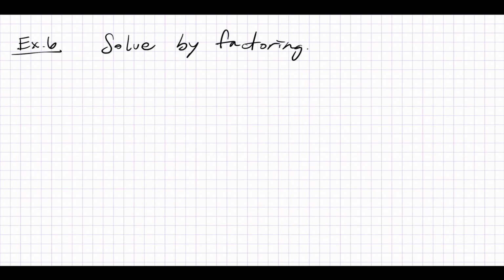Solve by factoring. Okay. I'll give you some time. Go ahead.